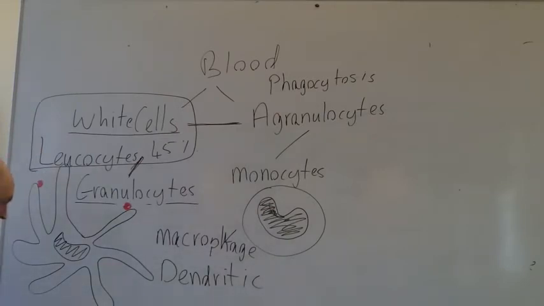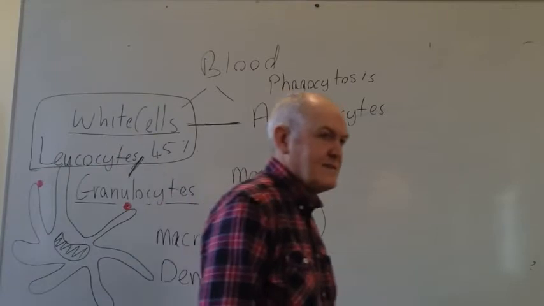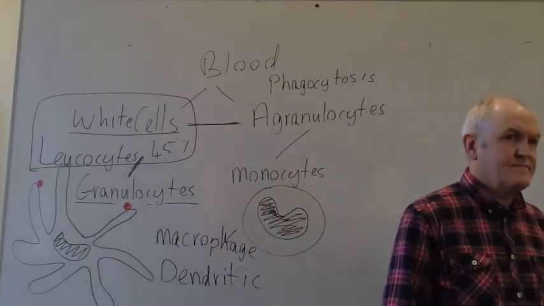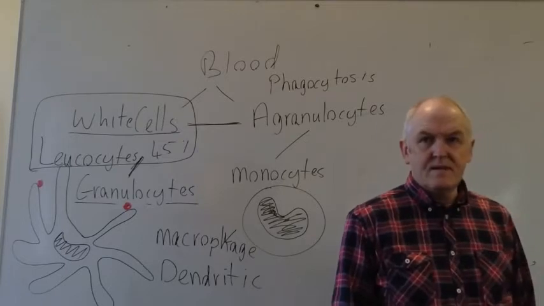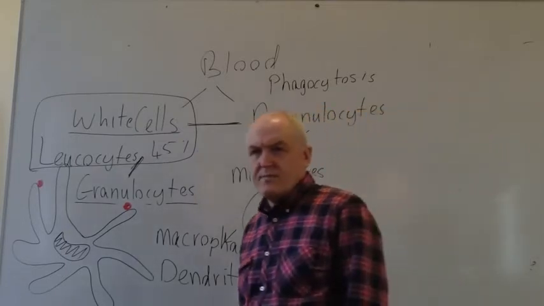They can recognise the presence of infection. So these are kind of antigen recognising cells. If any infection's there, they're likely to detect it. And then remember the lymph nodes we talked about the other week.